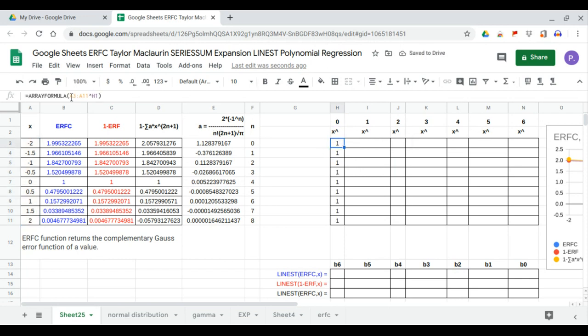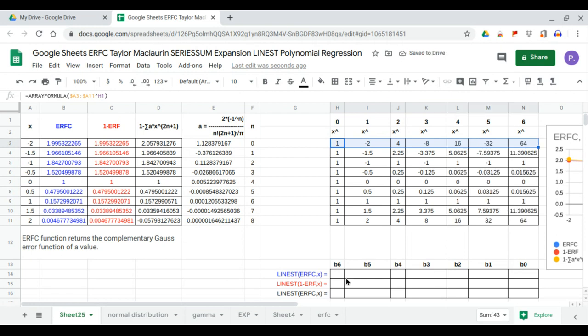And we lock the references. Now we can drag. So you see the x column, which matches our x values. The x squared column, x cubed, and so on.